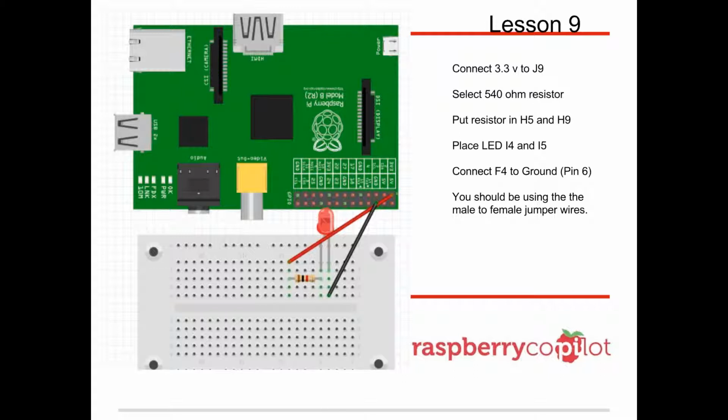The hole will be on the end of the wire. All right. And then on the hole on the breadboard. Okay. Now the last step, use another jumper wire. We are going to connect it in F4.